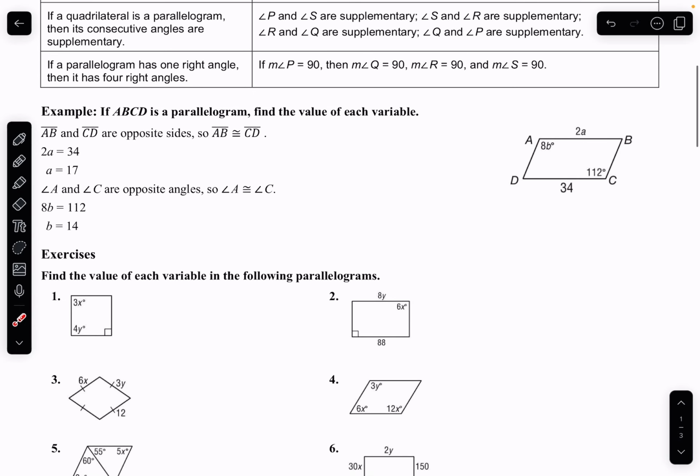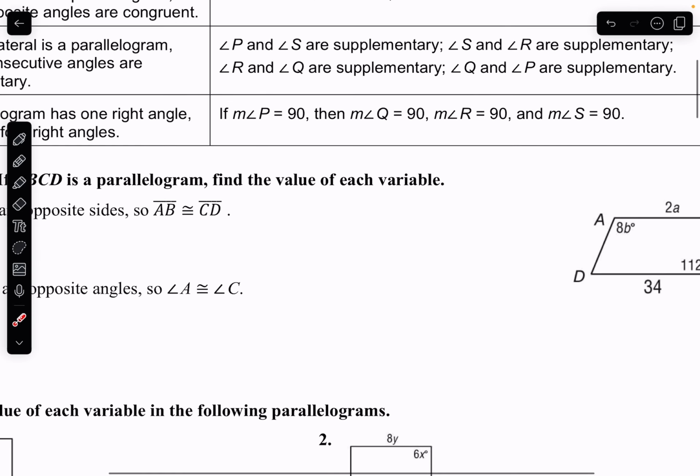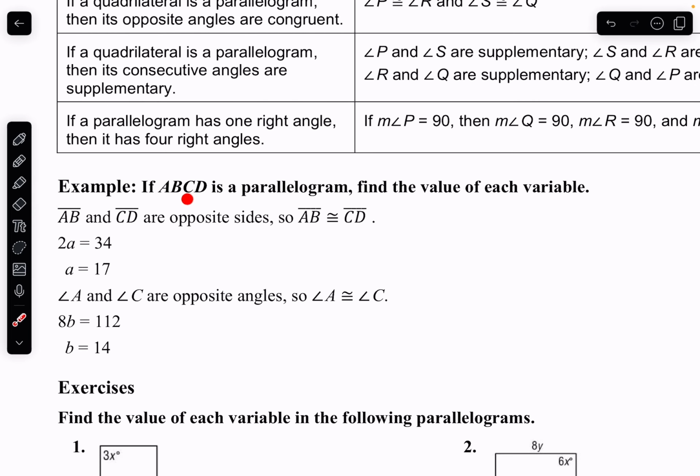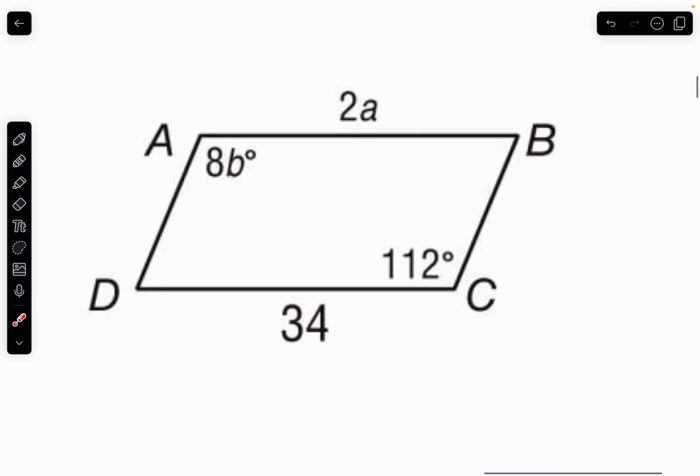Okay, so when we go over the examples, we look at this problem. It says that it is a parallelogram. We read, and it said, hey, if ABCD is a parallelogram, find the value of each variable. So as you can see, we need to understand that AB is congruent to DC.